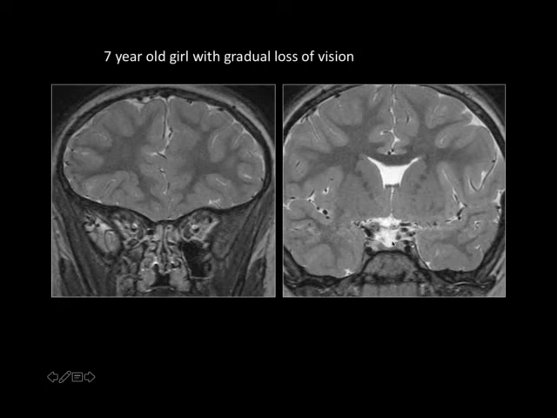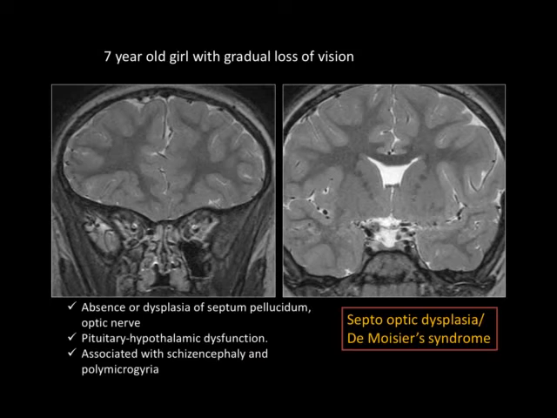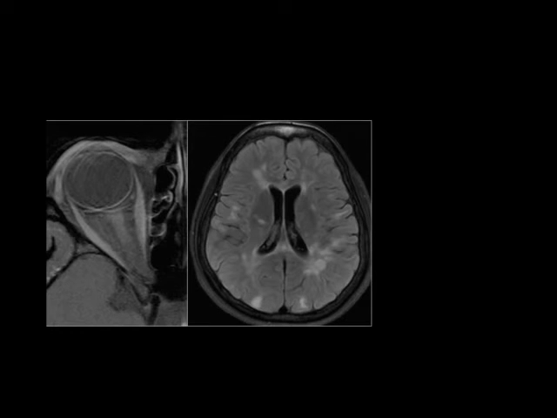You see the pituitary gland, this is the chiasm, and these are the optic nerves. So there is bilateral atrophy of both optic nerves with absence of septum pellucidum. So this is septo-optic dysplasia, and there can be associated anomalies, like schizencephaly and midline abnormalities.